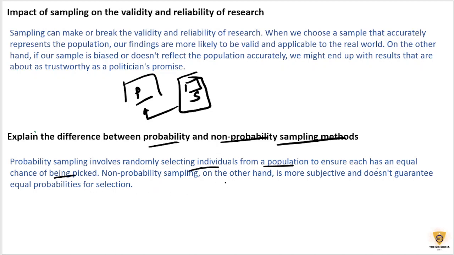While non-probability sampling, on the other hand, is more subjective and doesn't guarantee equal probabilities for selection. अगर हर member के पास जाके मैं डेटा कलेक्ट कर रहा हूँ, so that's feasible नहीं है, right? पर अगर मैं कहूँ कि हर population के member की equal probability of getting selected, that's called probability sampling. While अगर किसी के पास equal opportunity of getting selected from the population नहीं है, that's called non-probability sampling.